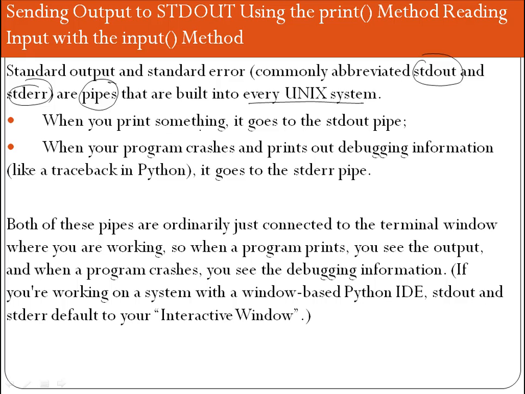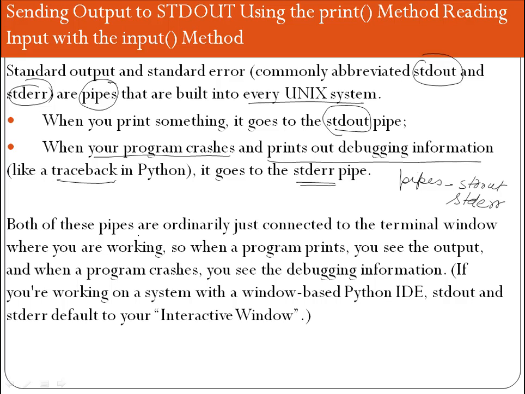When you print something, it goes to the standard output pipe, STDOUT. When your program crashes and prints out the debugging information, like the traceback we have seen every time an error occurs, it goes to the STDERR pipe. So we have two types of pipes: first is STDOUT and another is STDERR.